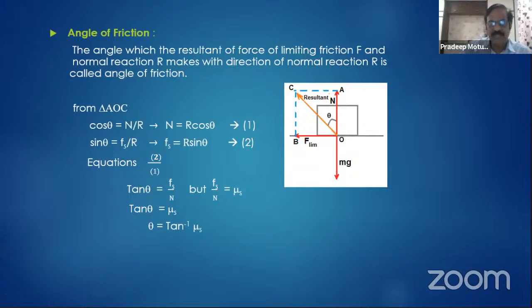Tan theta is equal to Fs by N is not the way to calculate the angle of friction. It represents only the concept of angle of friction, but you cannot calculate the angle of friction with this.